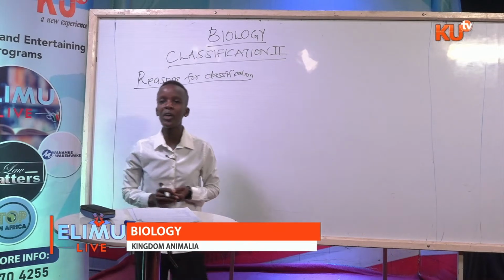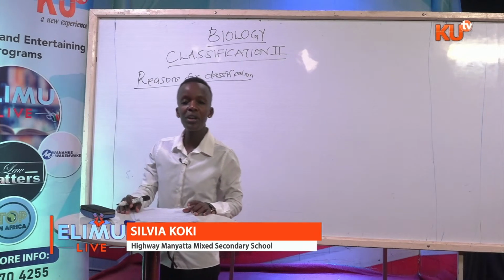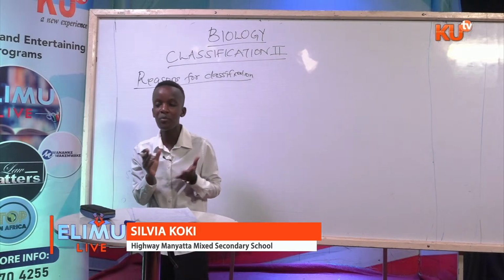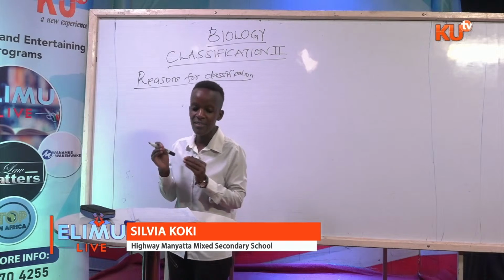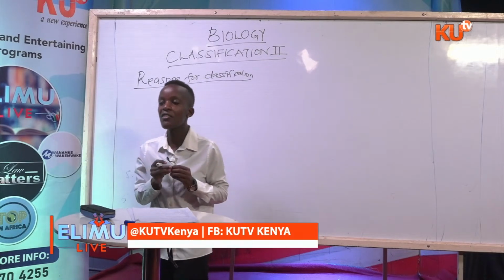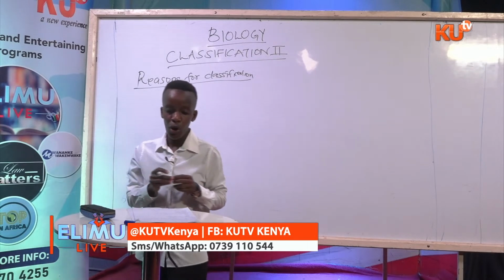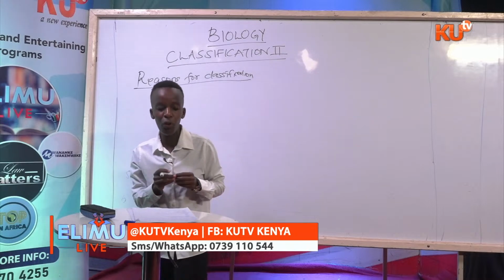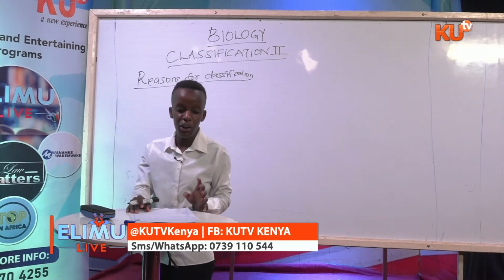Another reason why we are studying classification, grouping brings together living organisms which have similar characteristics, but it separates those with different features. Another reason for classification, learners, is to bring information of organisms to avoid chaos and confusion in future.